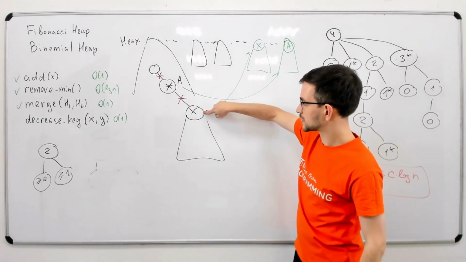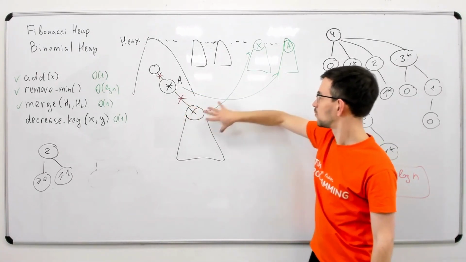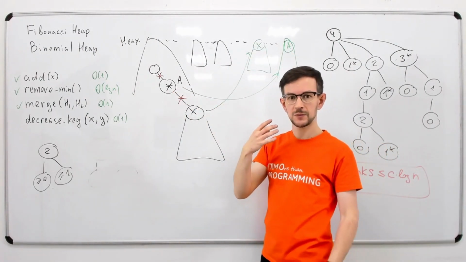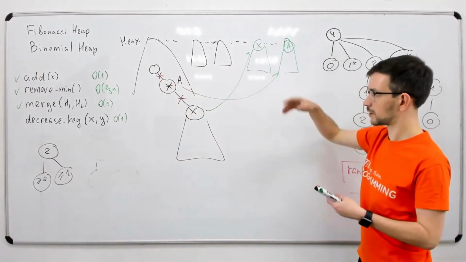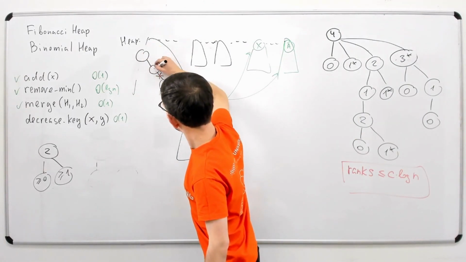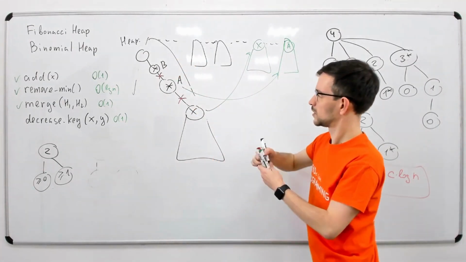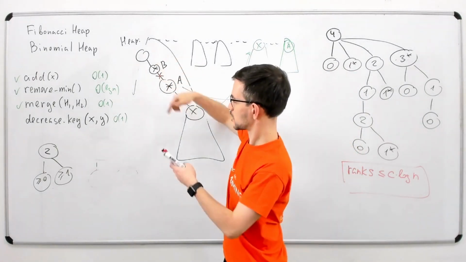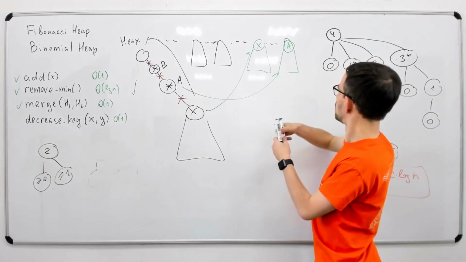So we have the vertex x, decrease the key, detach it from the parent, move it here. Then go to the parent. If the parent has this mark, it means that we removed 2 children from this node. So we detach it from the parent and move it here. And we do it until we reach some point. So we have a mark here, we detach it, move it here. Move here, detach it, move here. Detach this, move B here.